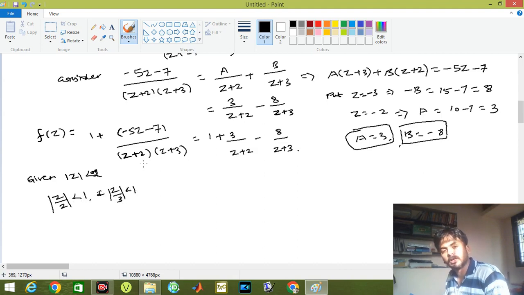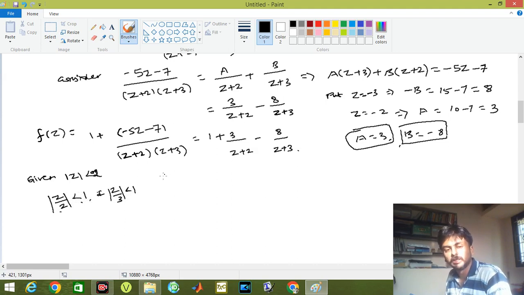So it will make our further simplification easy. Since increasing the denominator will reduce the quotient value, if division by 2 is less than 1, then obviously division by 3 is also less than 1.